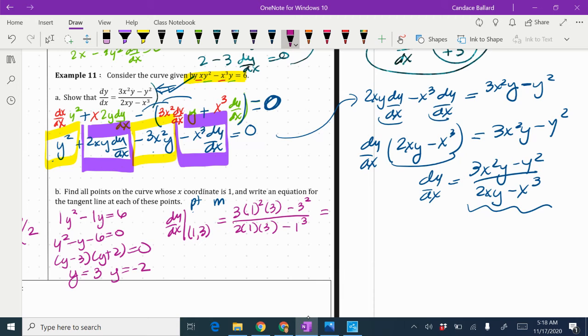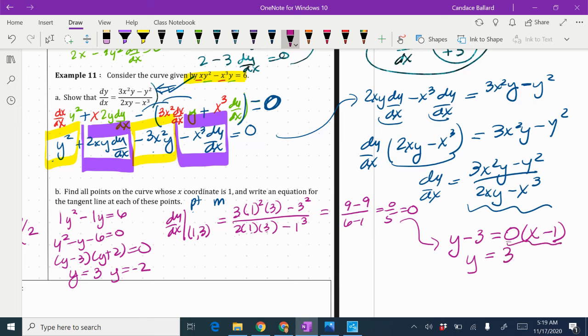All right, so 1 squared is 1 times 3 would be 9 minus 9 over 2 times 1 times 3 would be 6 minus 1, which is going to be 0 over 5, or a slope of 0. So my tangent line would be y minus my y value, which is 3, equals my slope, which is 0, times x minus 1. I could leave it like that. However, what you would probably see on a test, since this is all 0 on the right side, is y equals 3.